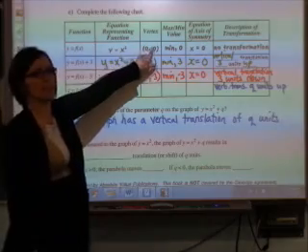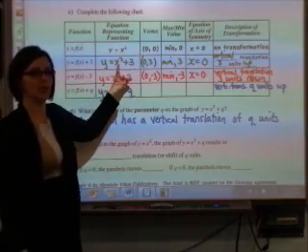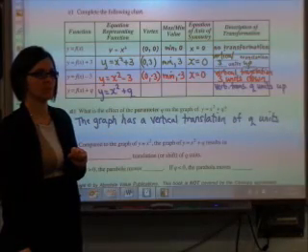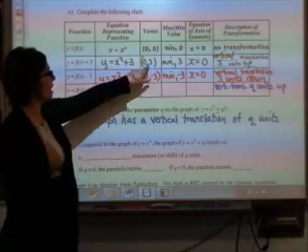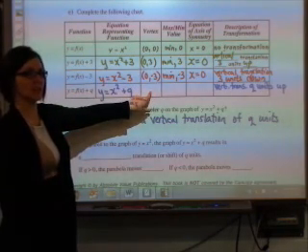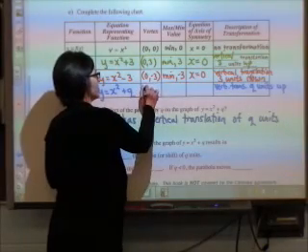How does my vertex compare to my equation? The y becomes the constant. So what would be my vertex in this last row? 0 and q.